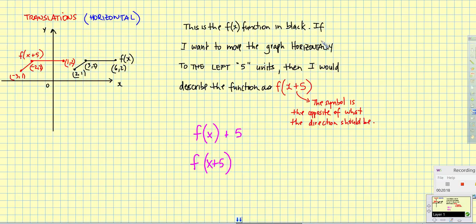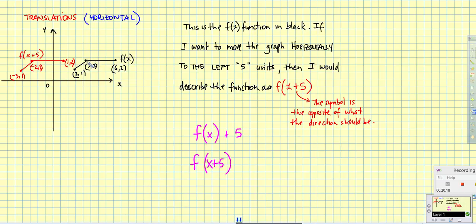So what we end up saying is that if I want to move my graph 5 units to the left, then I physically move the graph 5 units to the left, so that my x values get affected. So 6 minus 5 will give me the point (1, 2), because the y values are not affected, it's only the x values.